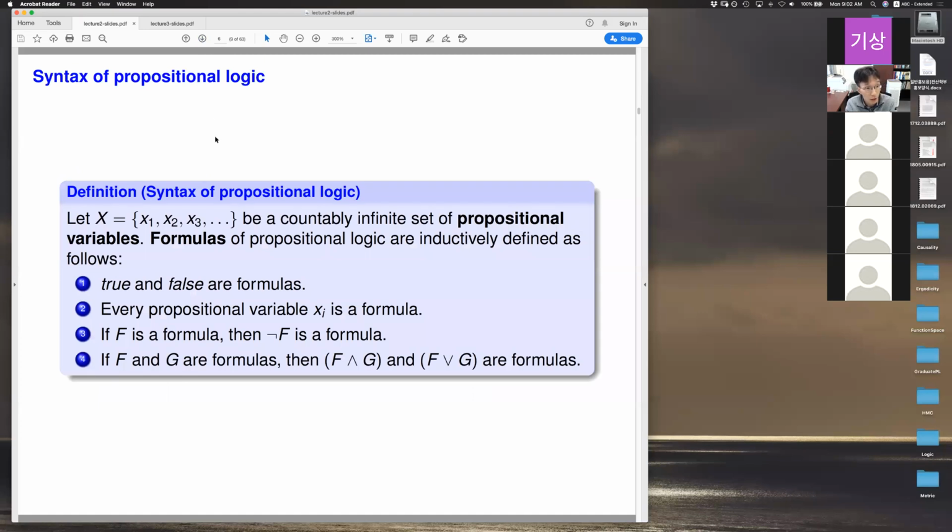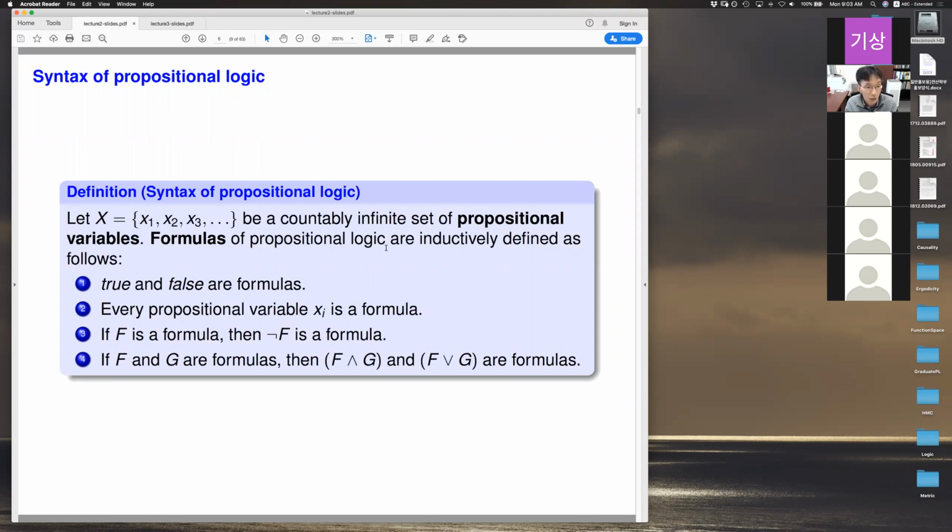So we said the syntax of propositional logic is something defined inductively, as you see in the slide. We have a countably infinite set of propositional variables, and the formulas of propositional logic are constructed inductively as what you see on the screen: either true or false, propositional variables, or we can construct a new formula out of an existing one using negation and then or.